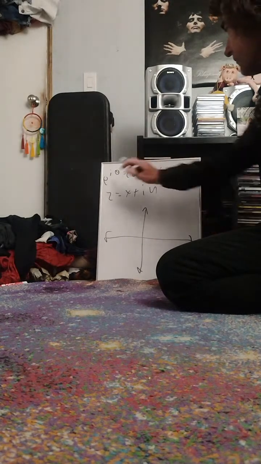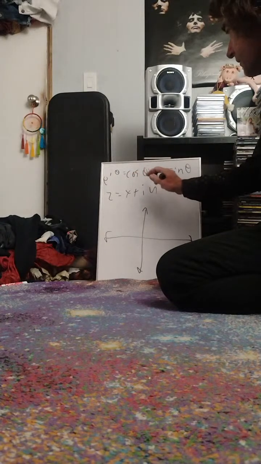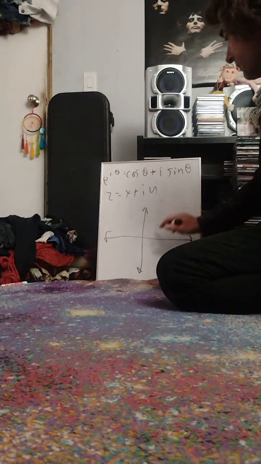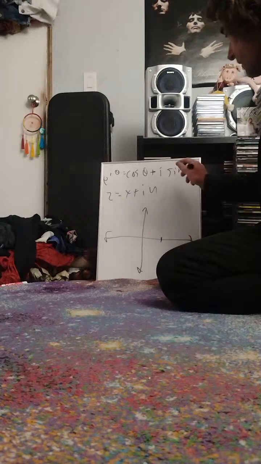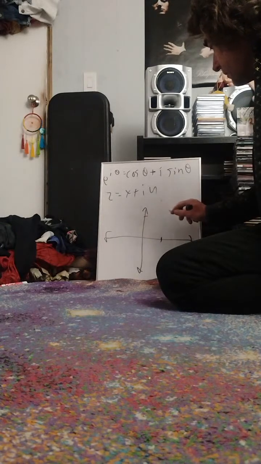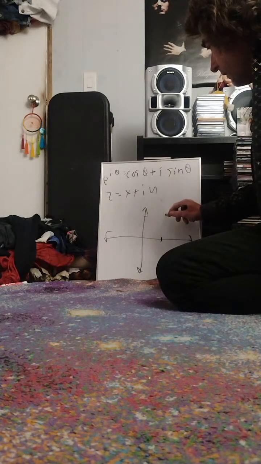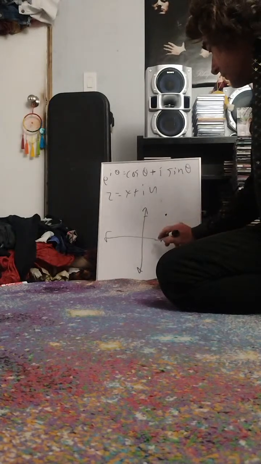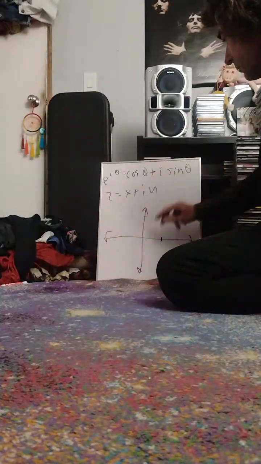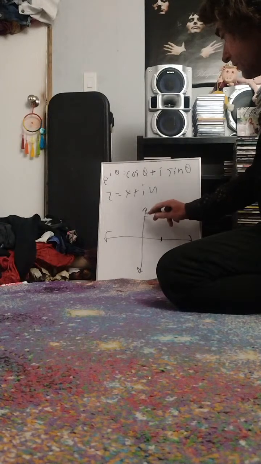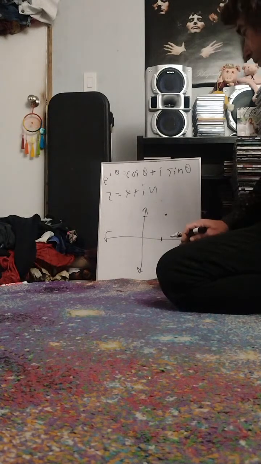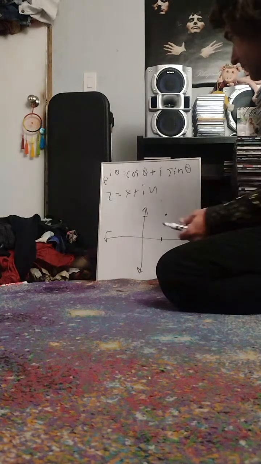If you have e to the i theta, cosine theta could be a value here, and i sine theta could be a value here. So it would be like this number right here, and the x part would be cosine theta, and the y part would be i sine theta. Let me erase some of this.